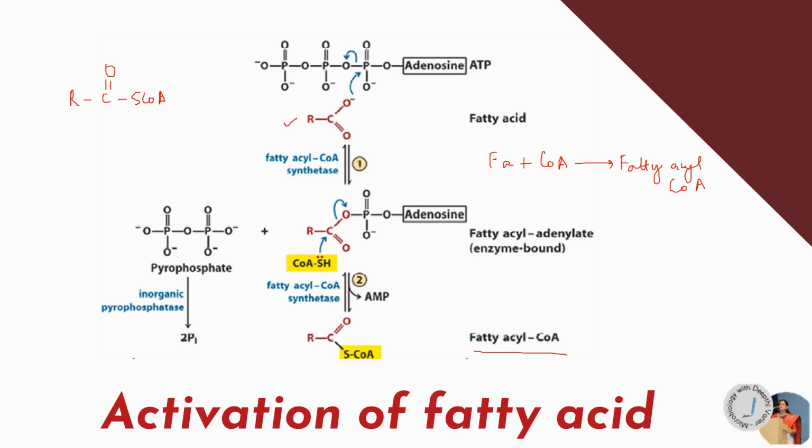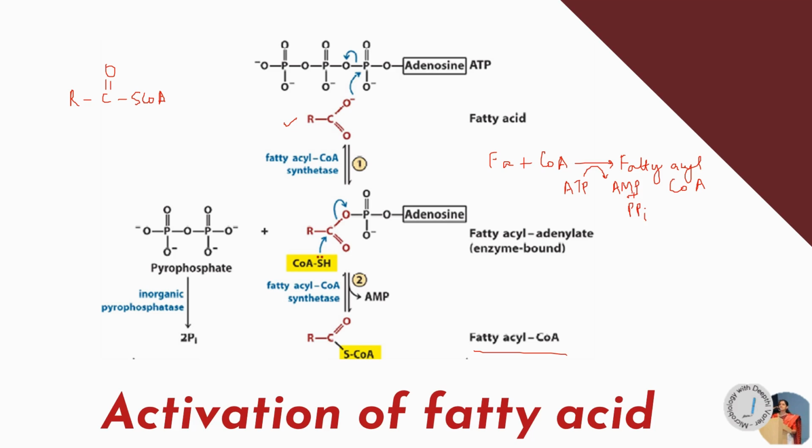Now that energy comes from ATP. So we have one molecule of ATP being broken down, please be very careful about this, into AMP. It's not one high energy bond that is being broken down, but two high energy bonds are being broken in the same molecule. So we have ATP getting converted into AMP, and we have the pyrophosphate that is being released.